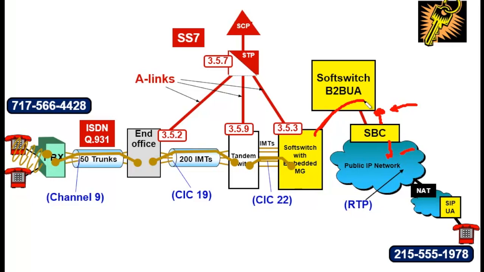So when the invite arrives at the session border controller, it completely rewrites the invite, making it appear as though it's brand new, popping out the outside interface, effectively deceiving the called party into thinking that the call actually originated from the session border controller. And this is exactly the way we want it. This allows the session border controller to hide the rest of the network from our outside called party. So we would have an untrusted and a trusted side of the session border controller.